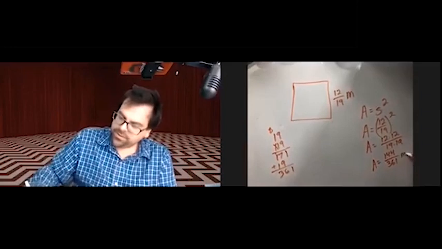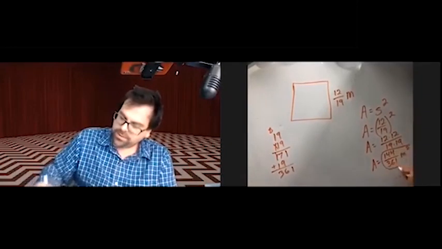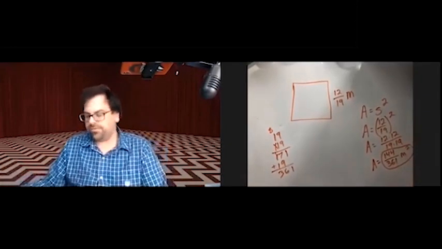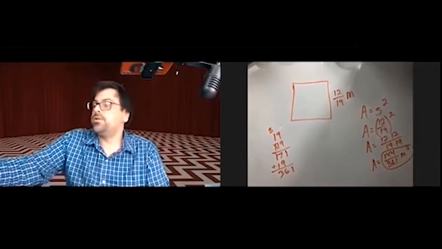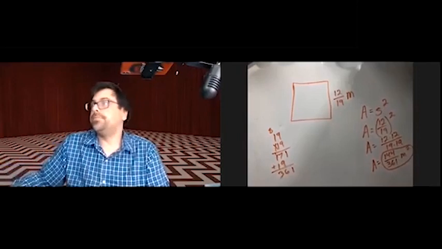And it's meters, so square meters. The area would be 144 over 361 square meters.